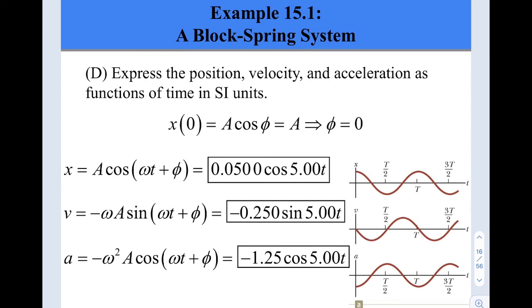Express the position, velocity and acceleration as a function of time in SI unit. So the whole part of this is only correct when your phi is 0. Why do we know the phi is 0? At the instant t is 0, the block already has position at A, positive A. Right?